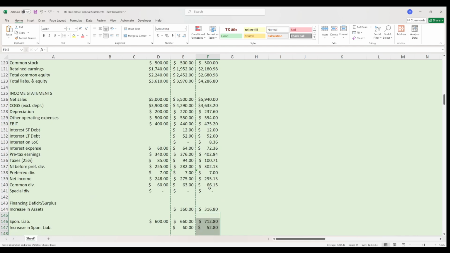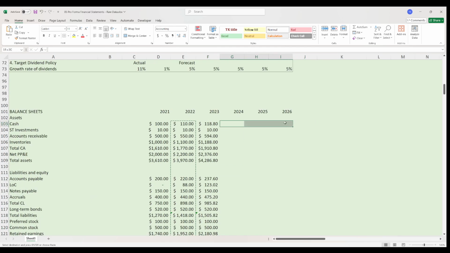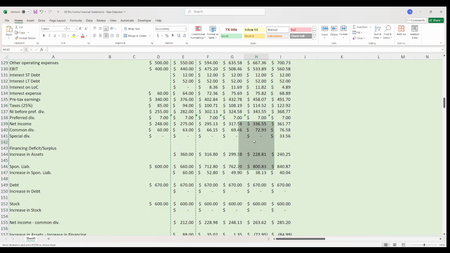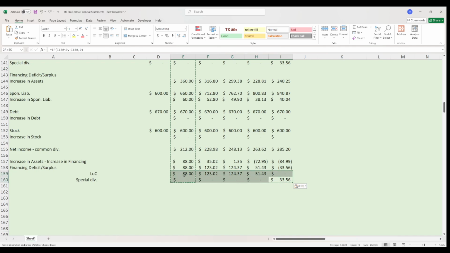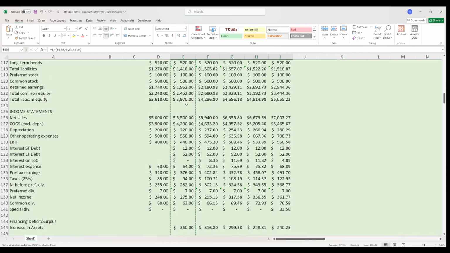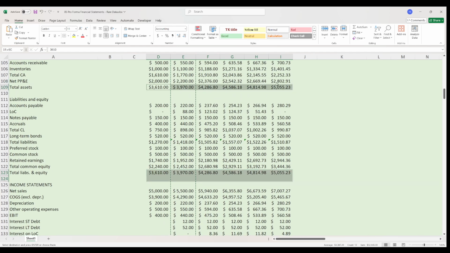So it seems we are fine. So we are going to keep going, paste it to the next 3 columns. And then, as you can see, we have the special dividends, line of credit, and the balance sheets are all balanced, right? So here and here, these 2 rows, they are the same, right?